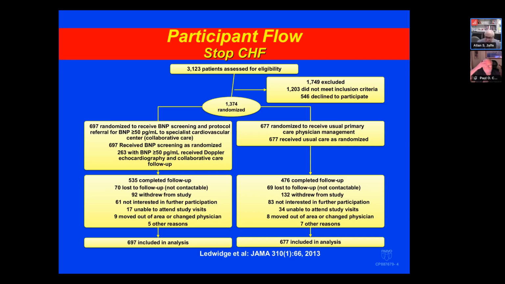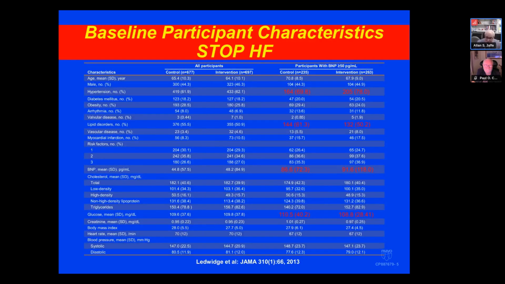The basics of this study were that primary care physicians in the UK had the ability to get a natriuretic peptide value. If the value was over 50, patients were either randomized to usual care or they were referred, usually to a cardiologist. This is just a generalized slide of all the demographics. But what I show you here is that we're not talking about huge levels of natriuretic peptides.